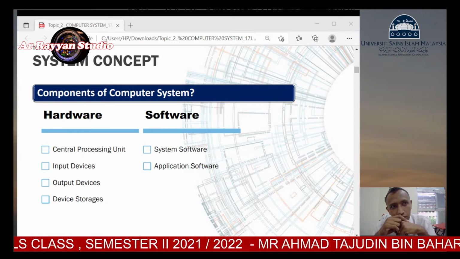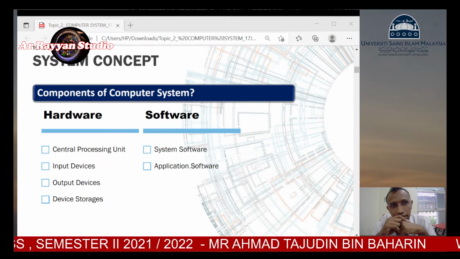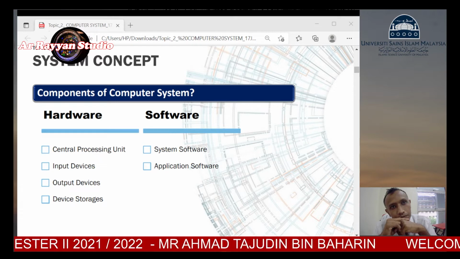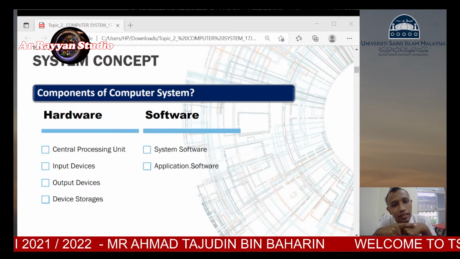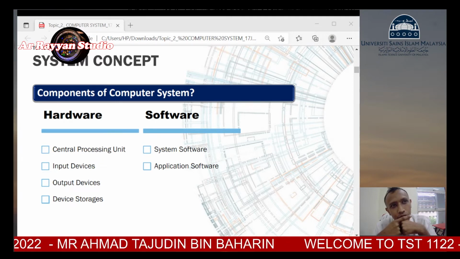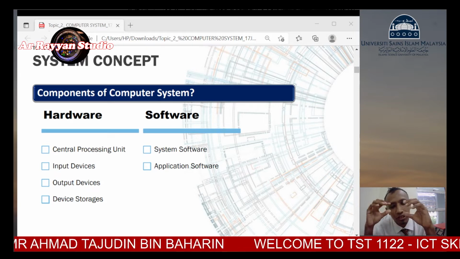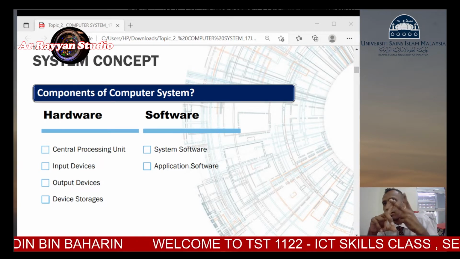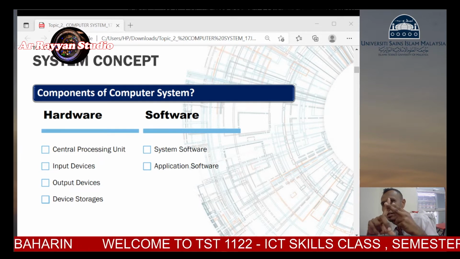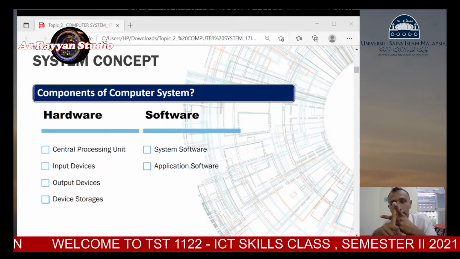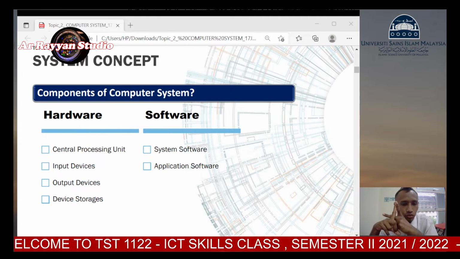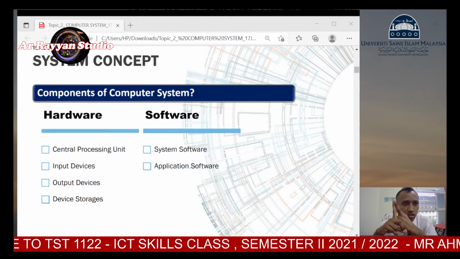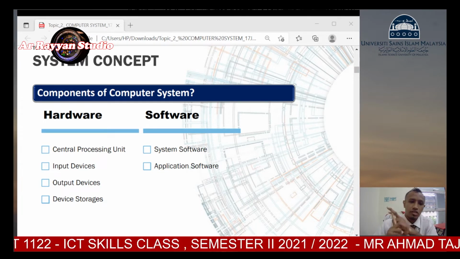Sometimes we call it a processor. So that is a CPU, the brain of the computers. Inside the CPU there are two parts: one is ALU and another one is CU, control unit, and arithmetic logic unit.